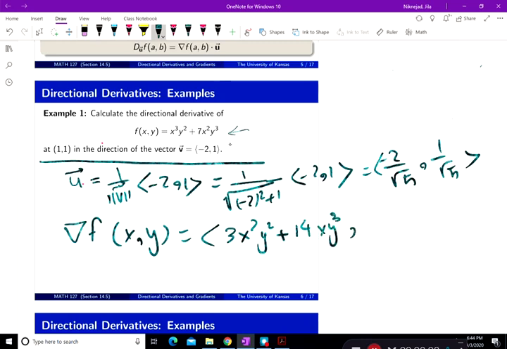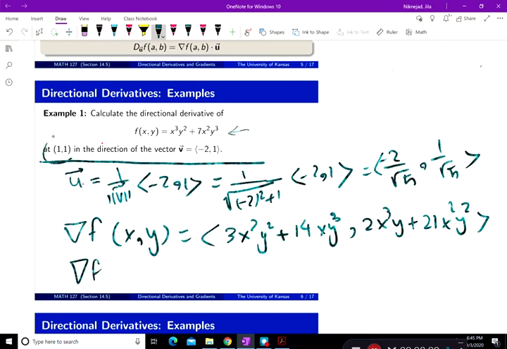And then the partial derivative with respect to y is 2x to the third y plus 21x squared y squared, because with respect to y, x squared and x cubed are constants.